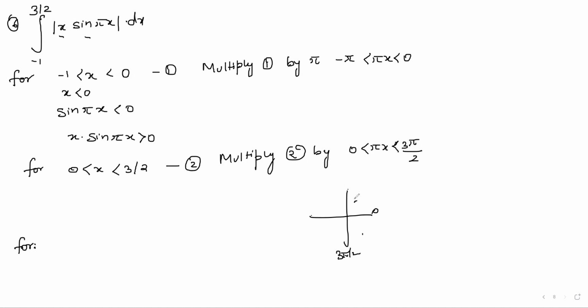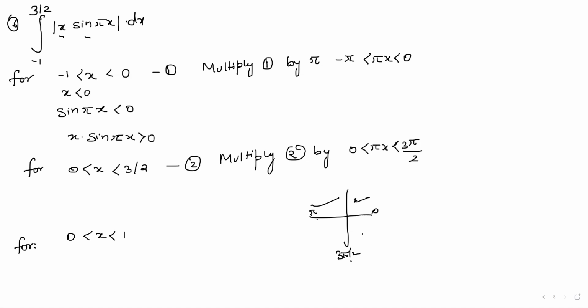But if you check the sign, sine is positive in this quadrant and this quadrant. It means from 0 to pi sine is positive, and pi to 3/2 it becomes negative, so we will break this limit into x greater than 0 and less than 1, because of this we will get a pi.